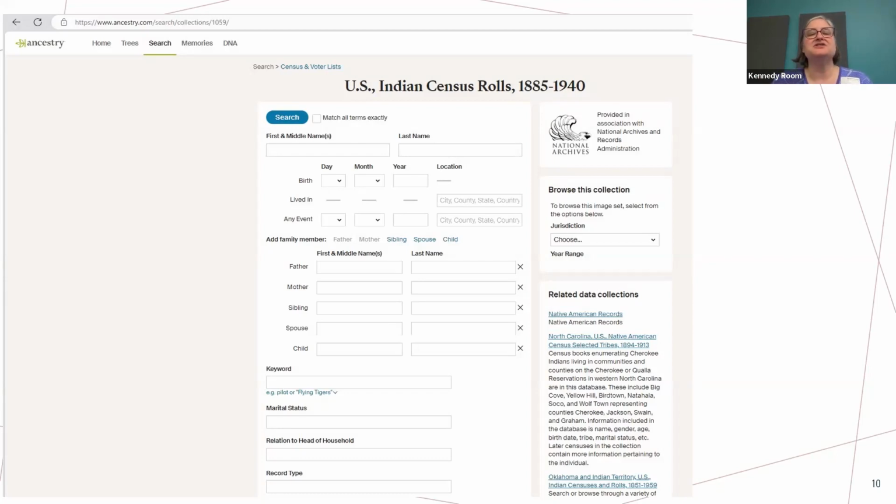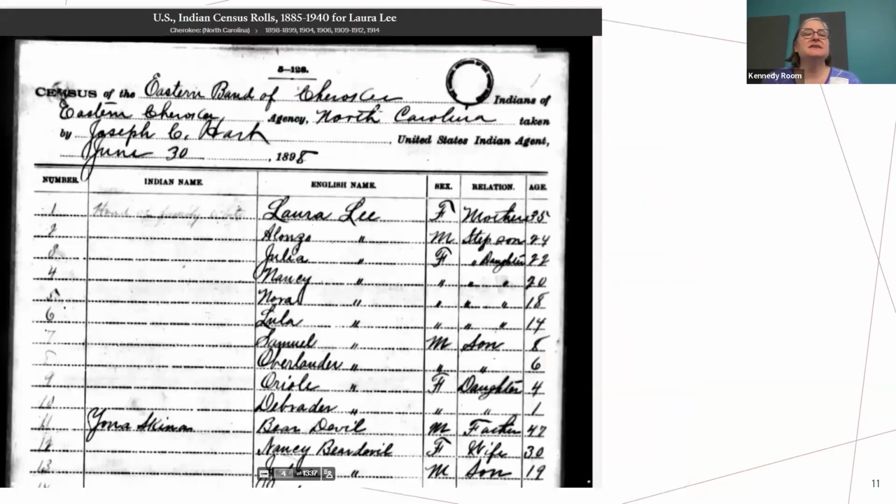But this is what one of the Cherokee, early in the first roll of Cherokee, this is from 1895, and Laura Lee is the mother, and faintly in the Indian name, it says head of family white.